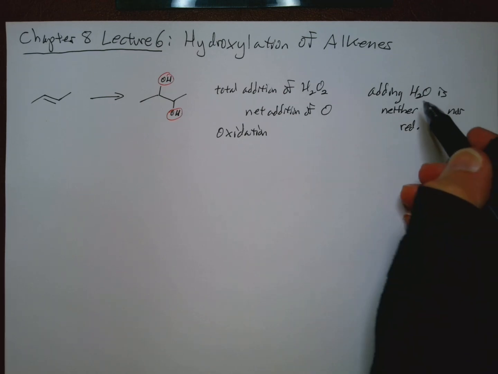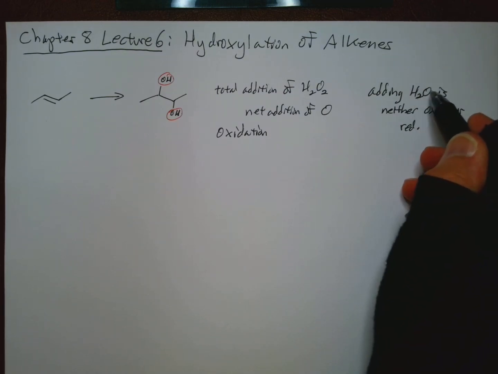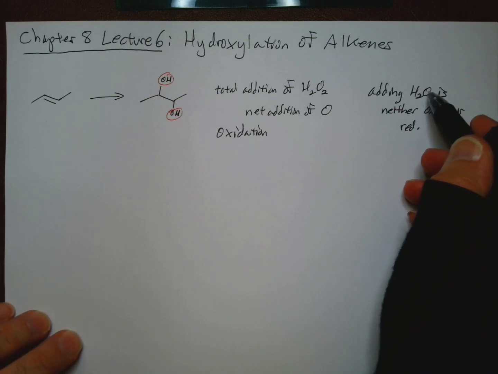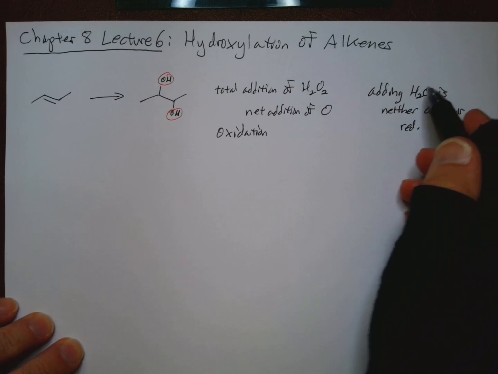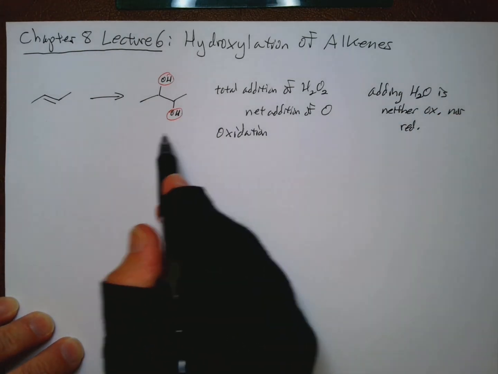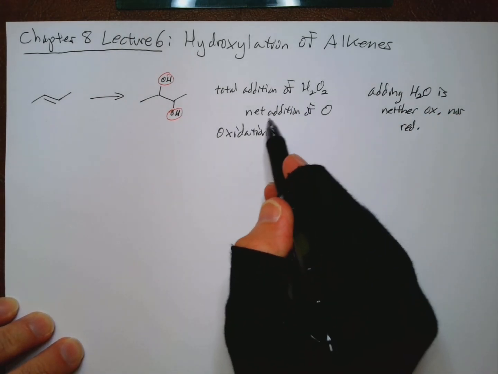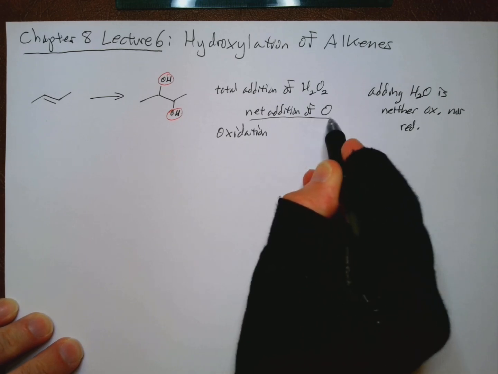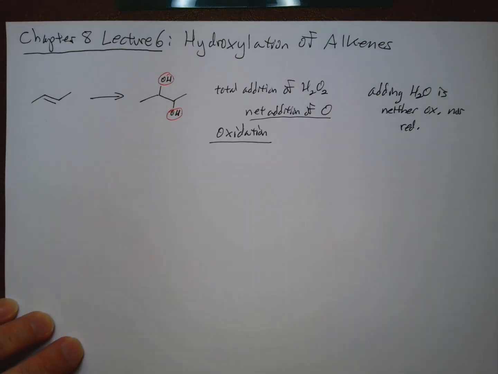Adding H2 would be a reduction, adding O would be an oxidation, and the two cancel each other out. But in the case of a hydroxylation, because we do have this net addition of oxygen, this is an oxidation.